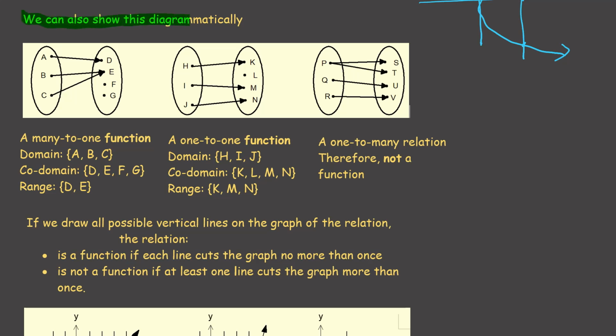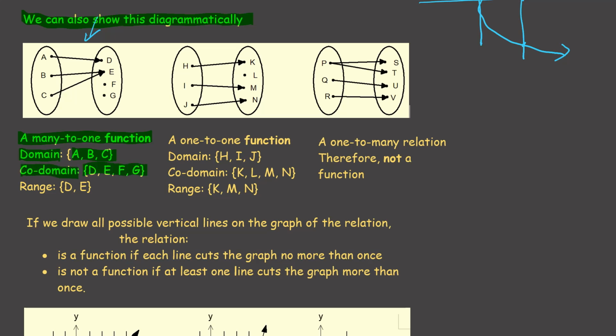We can also show this diagrammatically. So what we have here is what's known as a many-to-one function. The domain, the set of input values or x values, is ABC. The codomain is DEFG.